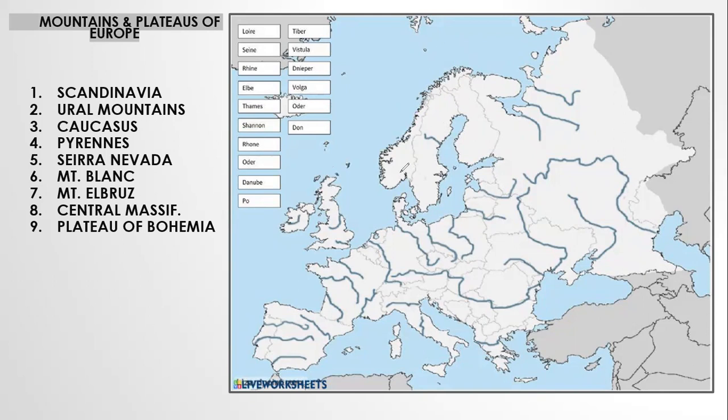Very easy to draw. This is the Scandinavian mountains. We would be marking an arrow, and you can write it along this also, but I'm really sorry, I cannot write it, so I'm just putting an arrow. So this is Scandinavia.